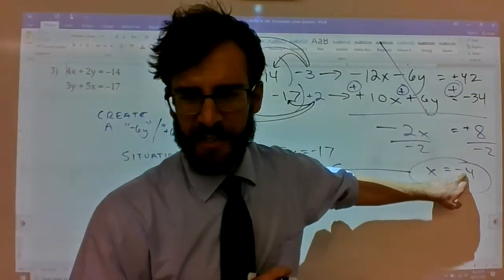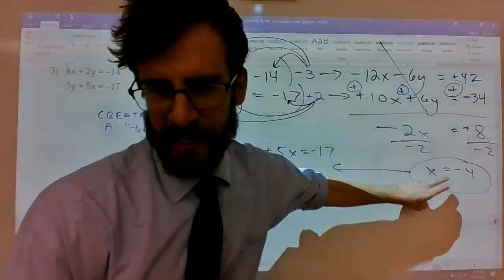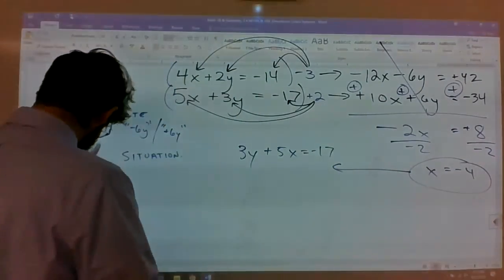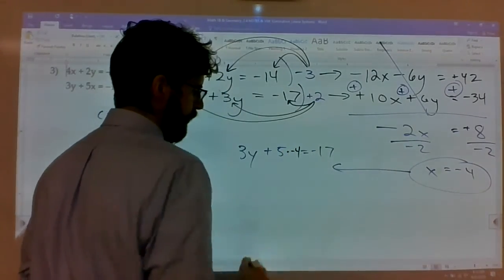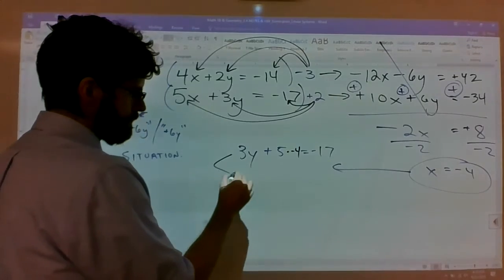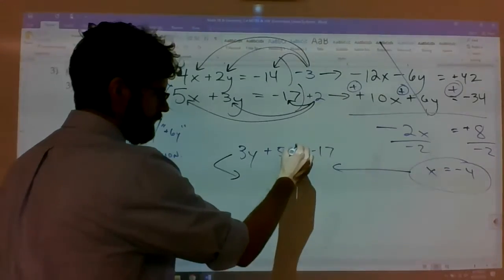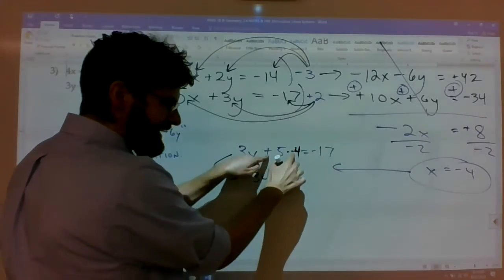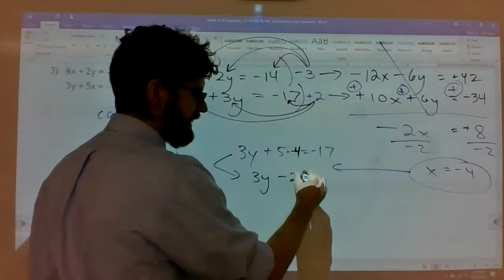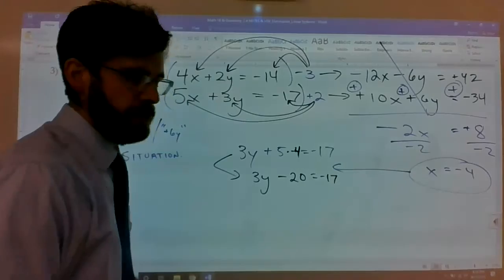So I'm replacing the x with negative 4. The x is gone, times negative 4. So that gives me 3y minus 20 equals negative 17.